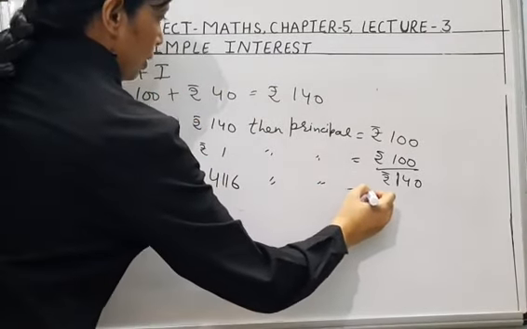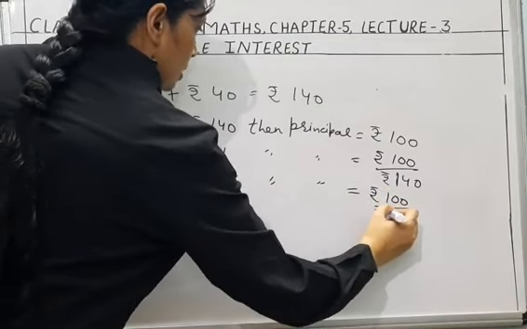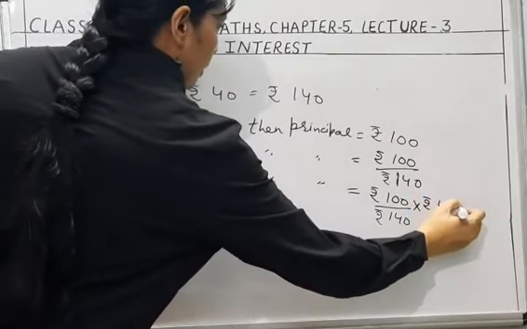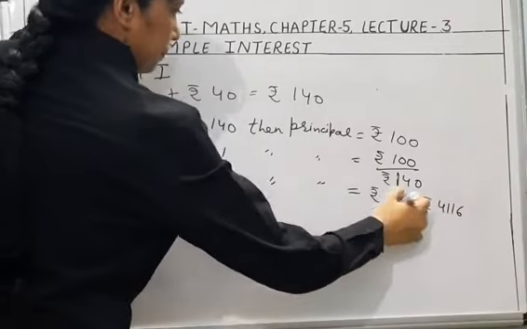Now we are going to calculate. Rupees 100 upon rupees 140 multiplied by rupees 4,116. Cancel the 0.